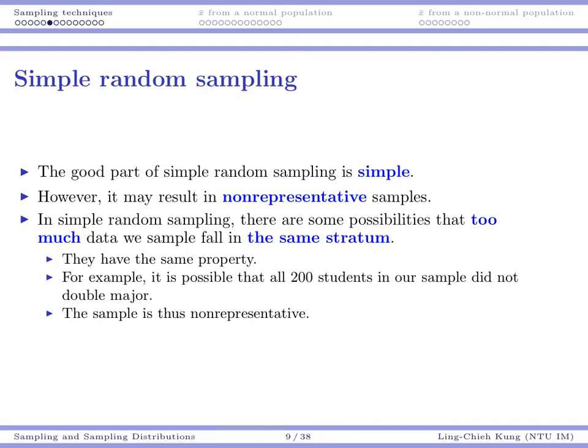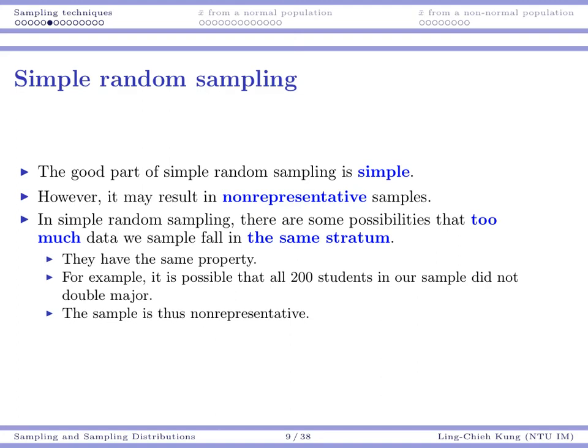The bad thing is that we may generate non-representative samples. What does that mean? Sometimes in simple random sampling, we may get too much data that falls in the same stratum or the same category. If that's the case, then our sample may not be representative of the population.